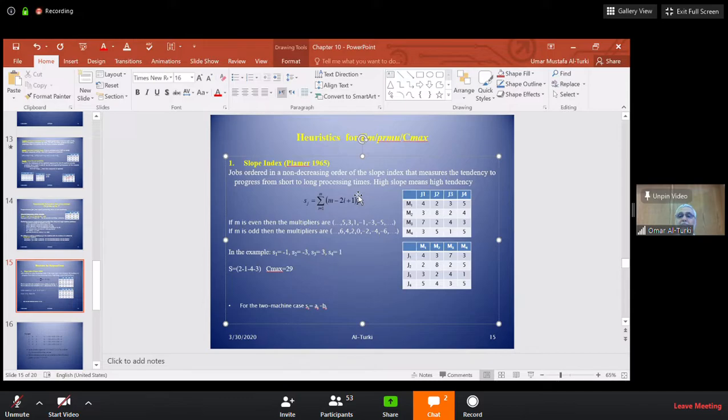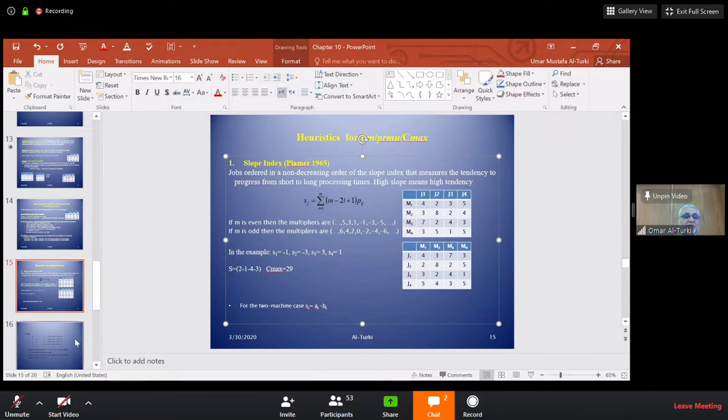And then that will be your slope index. If you apply this in this example and put them in that order, you will get 2, 1, 4, 3.